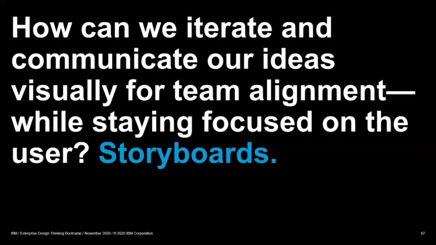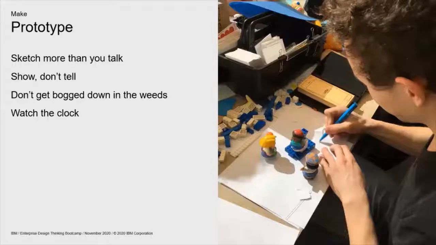So the way we iterate, we communicate these big ideas so that they are visually aligned to everyone while staying focused on the user's needs. That's how you use storyboards. Now, last but not least, we'll come to prototypes.